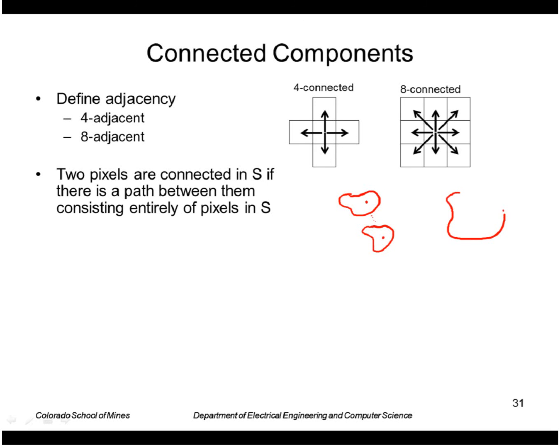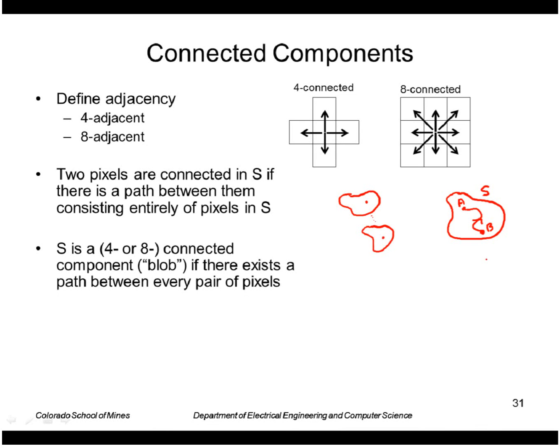But if S was somehow closed like that, and I went from one path to another, then these 2 pixels are connected. So my set is a connected component. Sometimes we call it a blob if there is a path between every pair of pixels in the set.